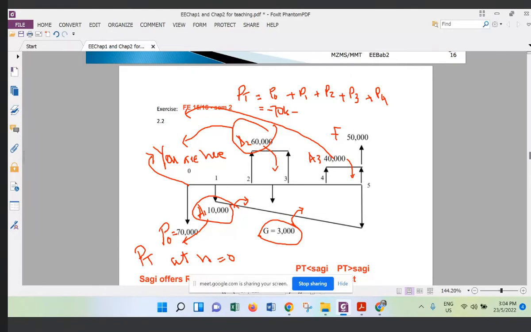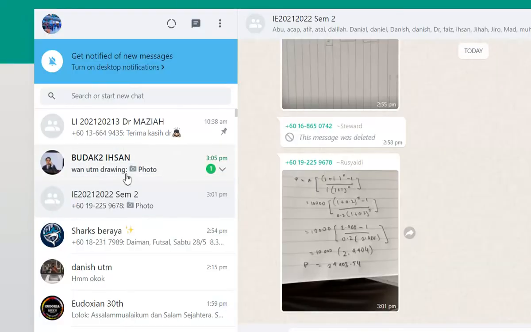Sekejap, Efren. 44,600. Ku tak faham apa yang berlaku.